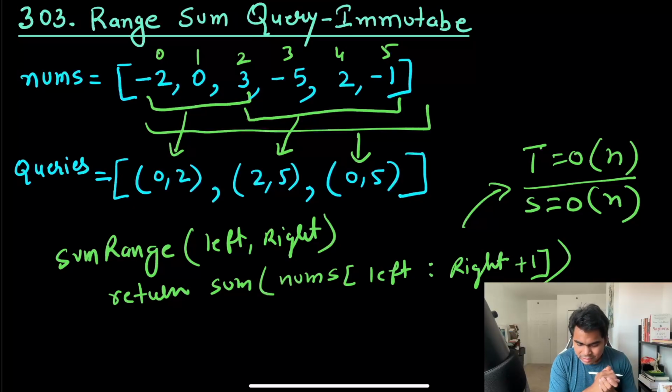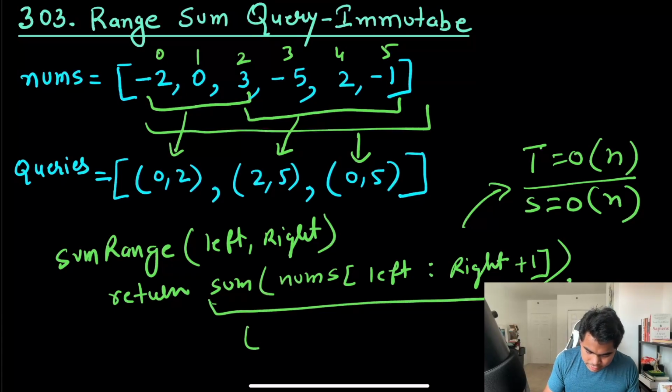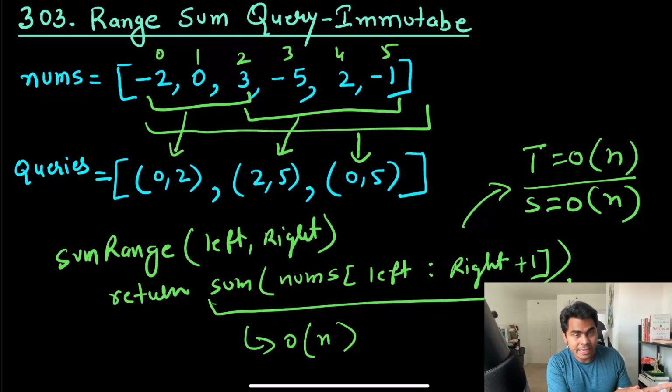Now this is a fine solution, right? You can write this solution and it will work, but we can do better. How? Each and every time we run this sum function, which in itself is big O of n time complexity. Rather than that, how about I introduce a little more space, an array called prefix sum, which will store the prefix sum so far until that index.